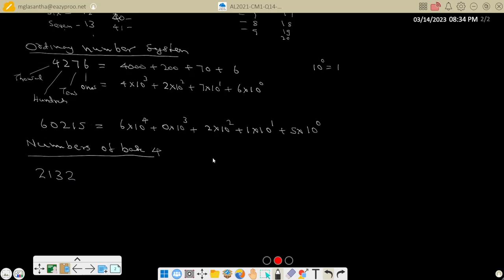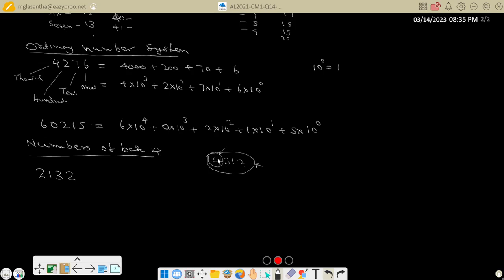If you take this number 4, 3, 1, 2, what can you say about this number? Is this a base 4 number or not? No, because 4 cannot be included in base 4 numbers.